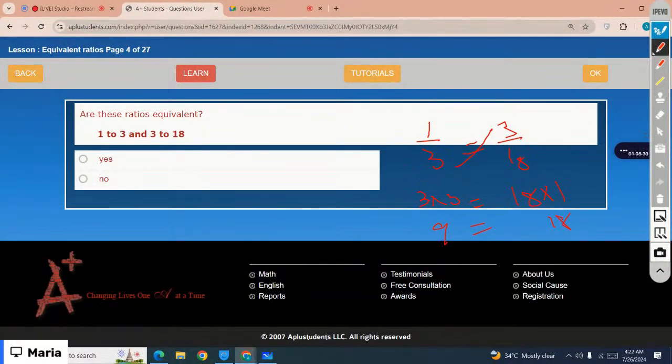Use your notebook and pencil. The correct option is no, they are not equivalent, right?